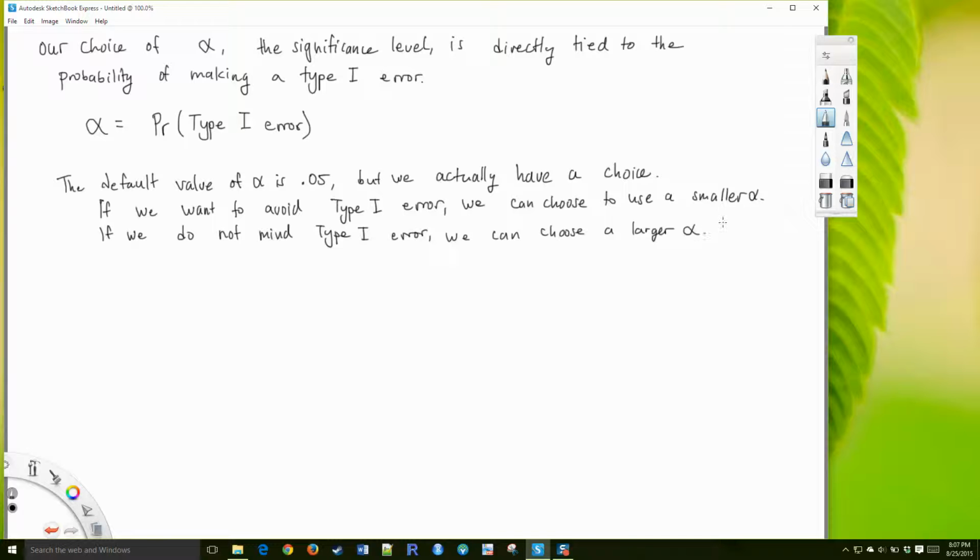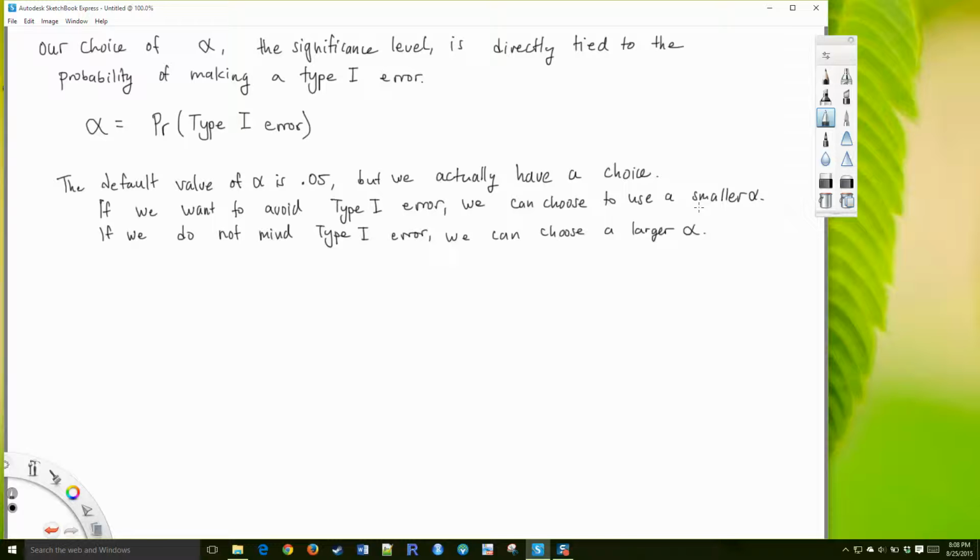Ideally we don't want any type of error, but we kind of gauge whether type 1 error is good or bad. And you might say, well, if we don't want type 1 error, why don't we just choose to use a small alpha? Well, if we choose to reduce type 1 error by using a small alpha, we increase our risk of type 2 error.